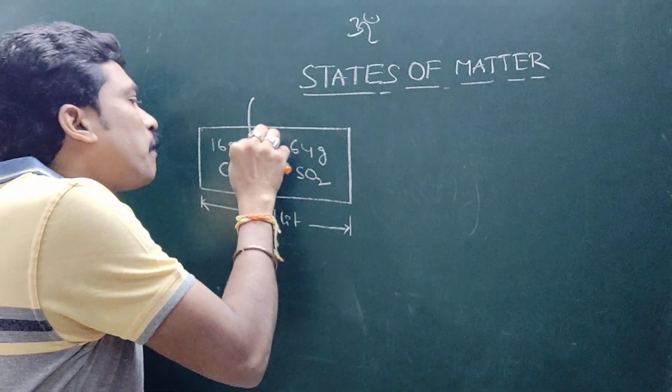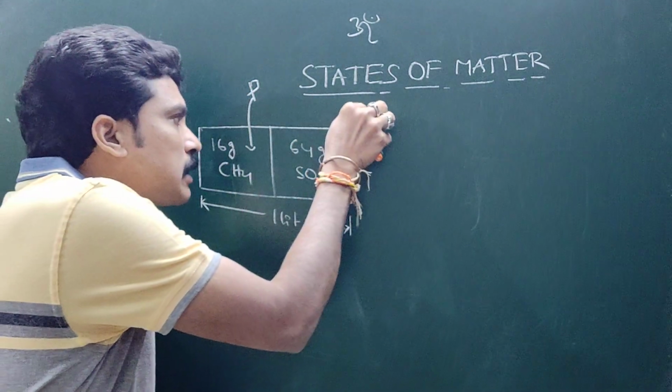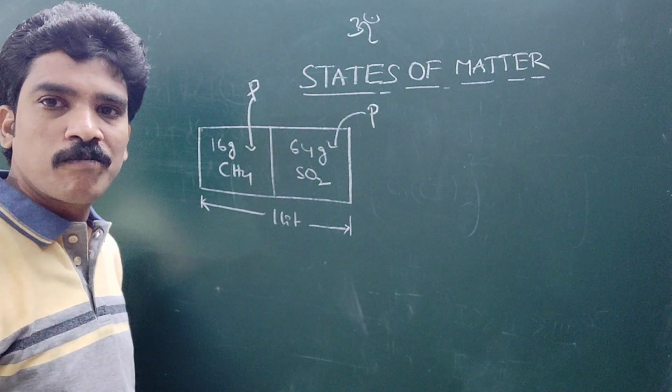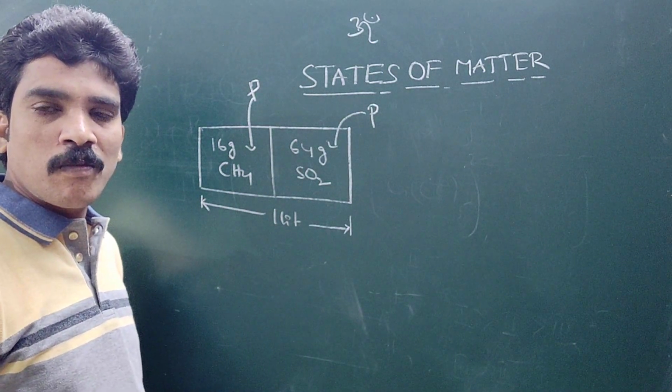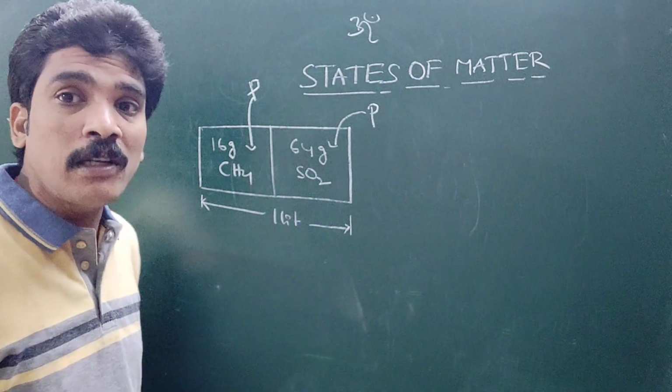Its exerted pressure is supposed to be P. Why is it the same pressure?